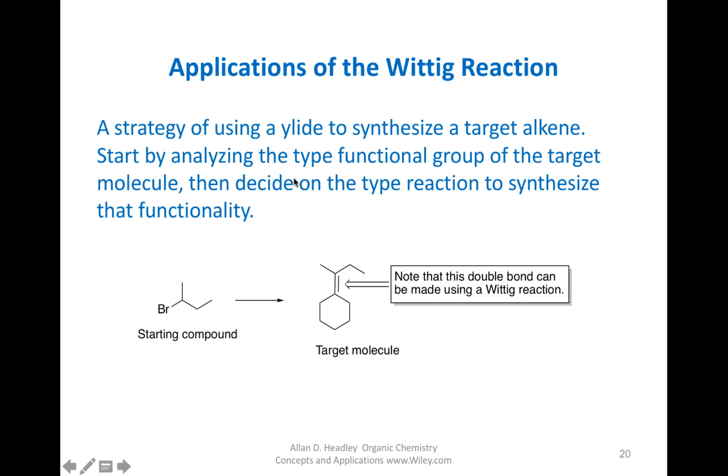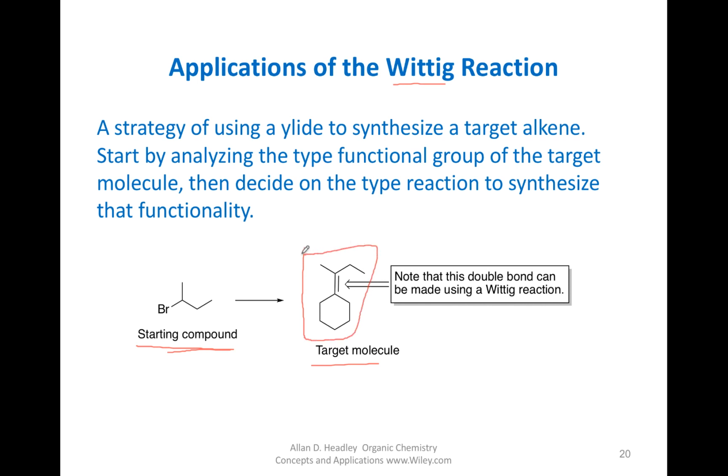Okay, let's see if we can apply that. So let us say you're using the Wittig reaction. That's called the Wittig, based on the chemist who discovered this reaction. I think it's a German name, so it's pronounced Wittig. So let's say you started out with this as a starting material, and your target material is this.